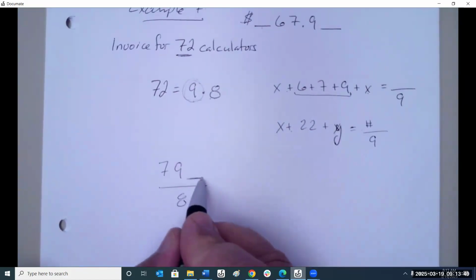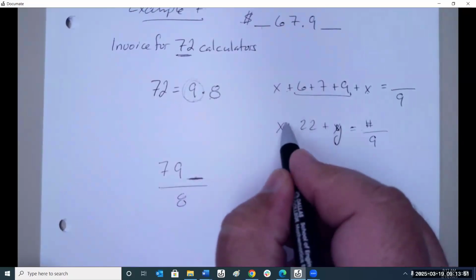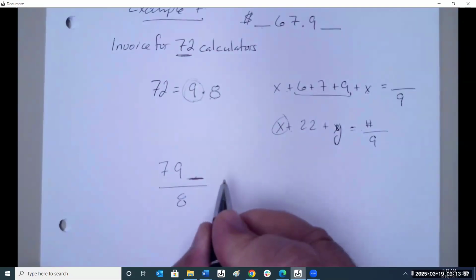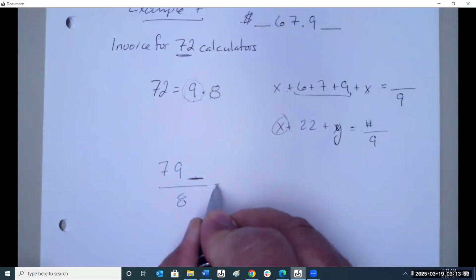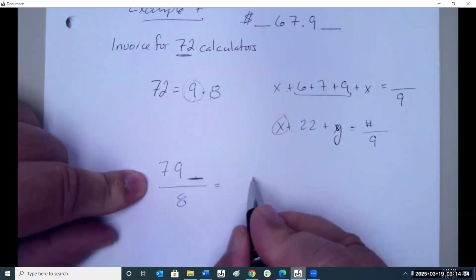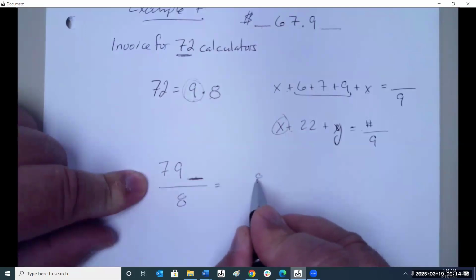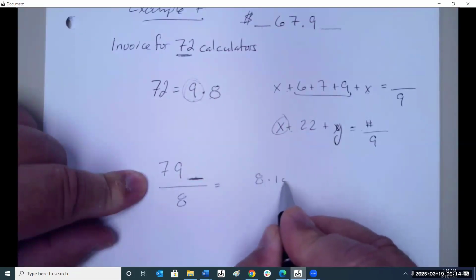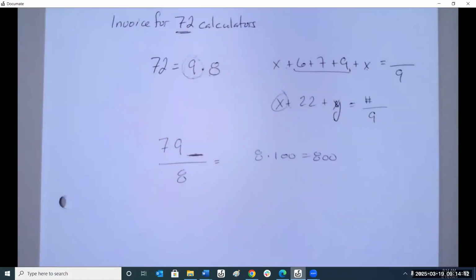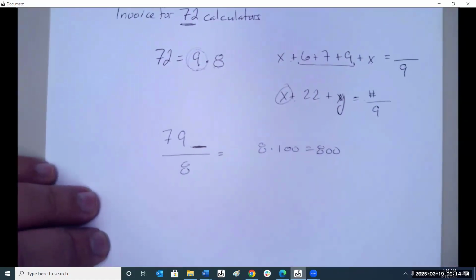Because once we find this number, then we can find the last number. So it has to be less than 800. So 8 times 100 is 800. So it's got to be less than 800, or it has to be less than 100.